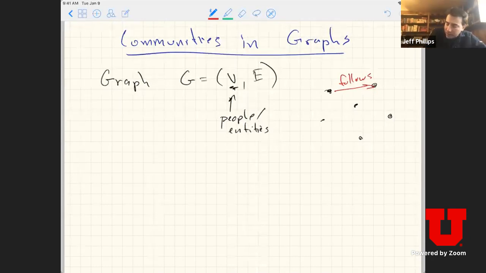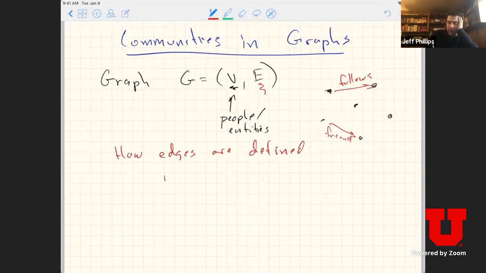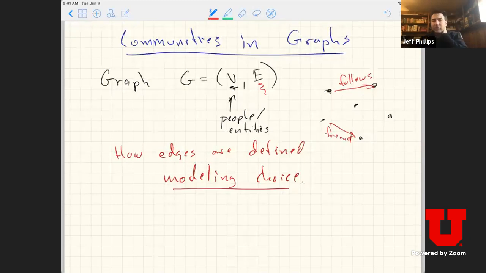Okay, it can be follows, or it can be there's a friend in between these two people. So how you define edges, right? These define the edge. How the edges are defined is a modeling choice. There are lots of ways to define edges between people.